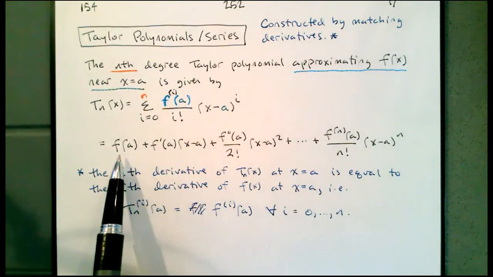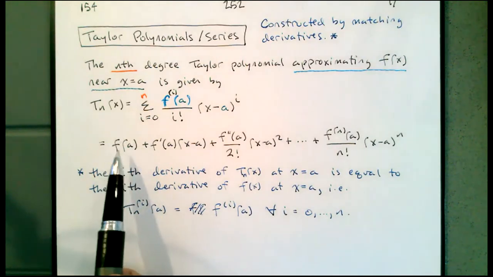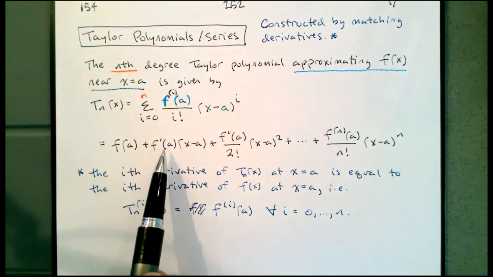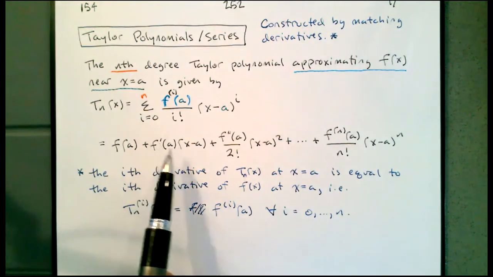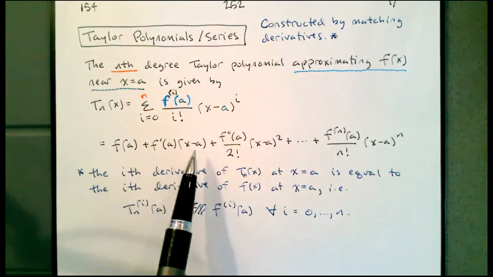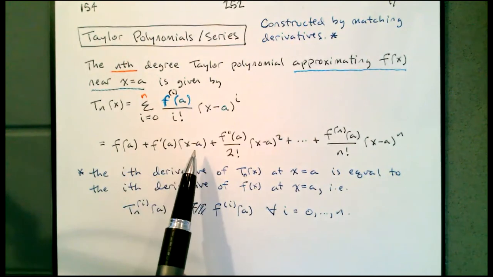So all we need to do is find the function evaluated at a. That'll be the constant for our polynomial. The first derivative evaluated at a will be the coefficient of x in our polynomial. These first two terms together give us the tangent line for the function.